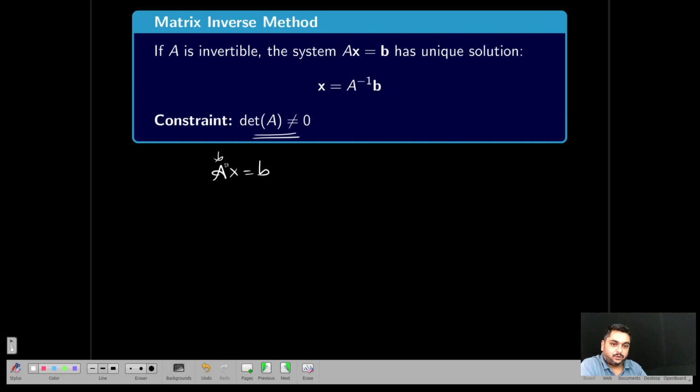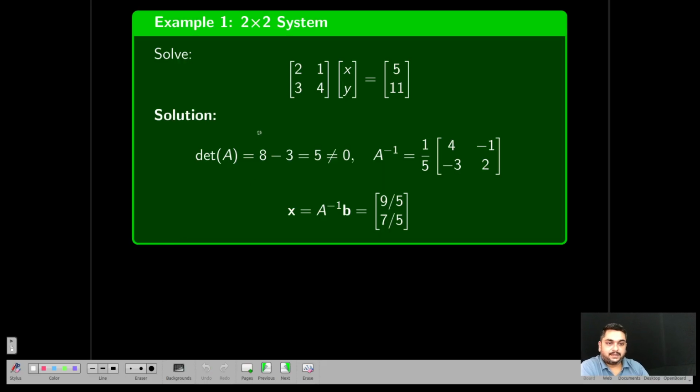A is the coefficient matrix, x is the solution vector of unknowns, and b is my constant values. What I have to find is x. So x is nothing but A inverse b. So if I find A inverse and then multiply with the constant column b, then I will get my vector x. Let's see an example.